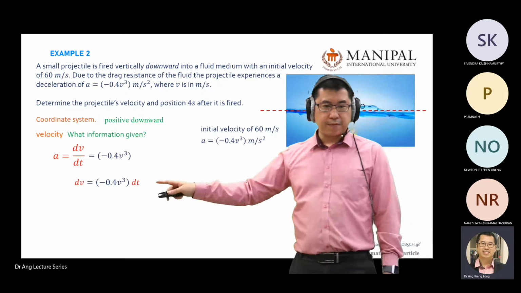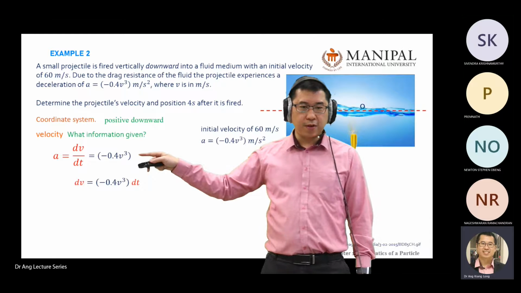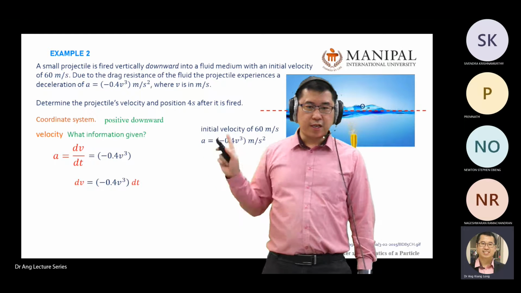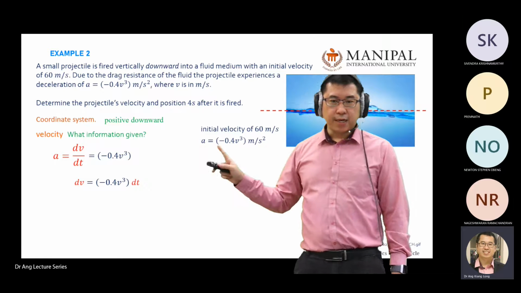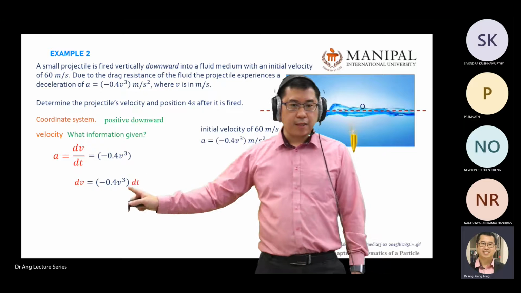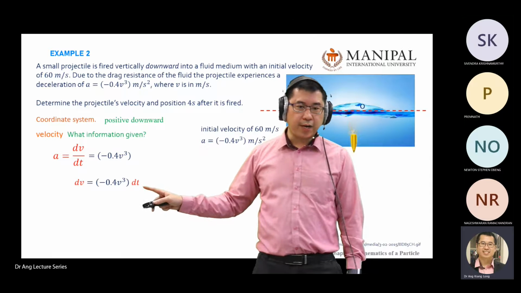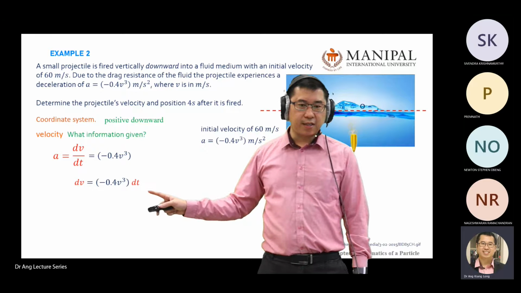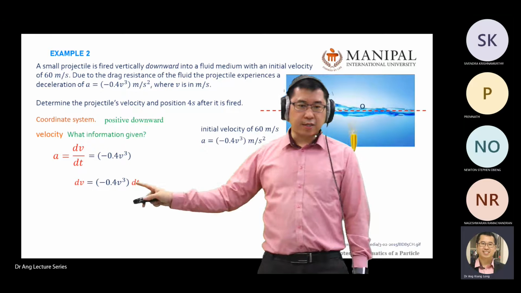But the question gives you the acceleration value: acceleration equals 0.4 v cubed. So you rearrange the equation, dv equals bracket a dt, and you substitute the equation of a inside.